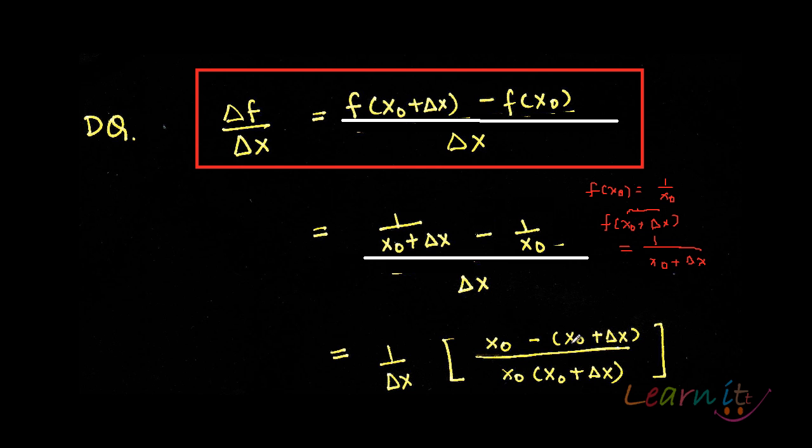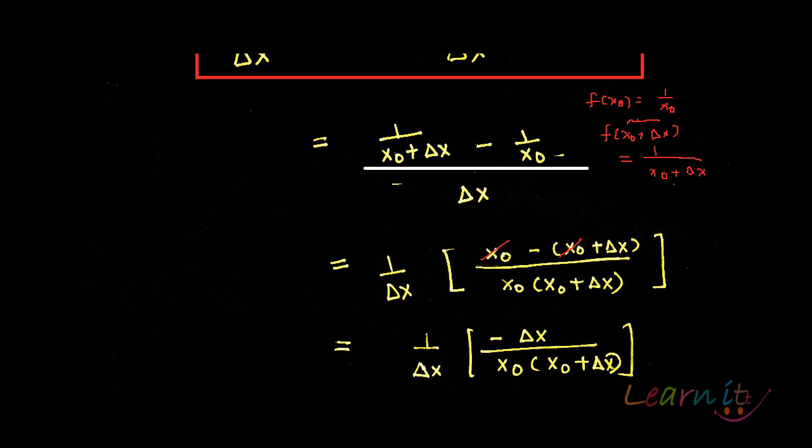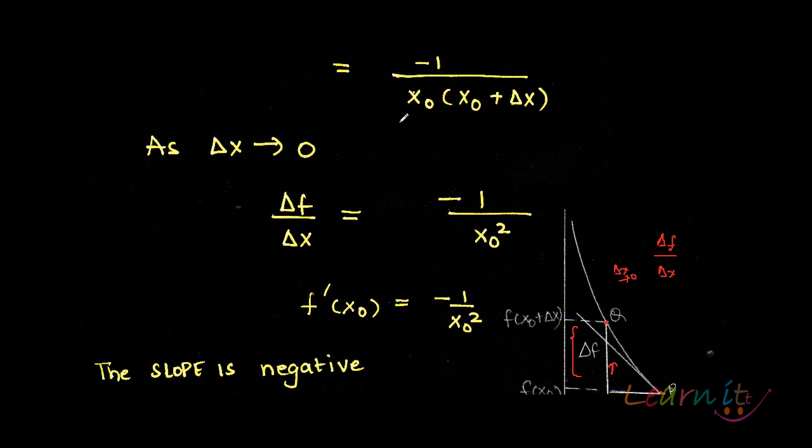Now we will just open this up. X naught will cancel out x naught, and what will remain is essentially minus change in x. Next step, change in x will cancel out with change in x, and what will remain is essentially minus of the denominator.